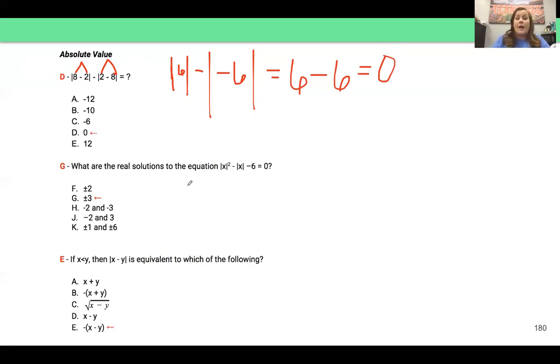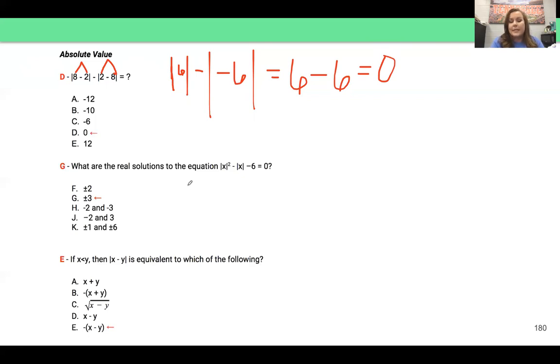Now this one here, what are the real solutions to the equation? Absolute value x squared minus absolute value of x minus 6 equals 0. Some of you probably know, ooh, I could factor this. You can.